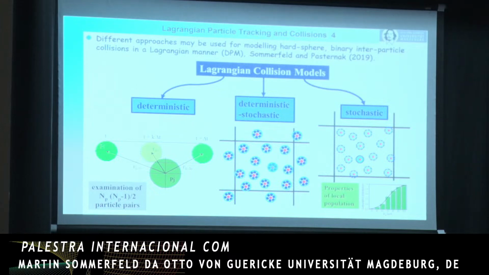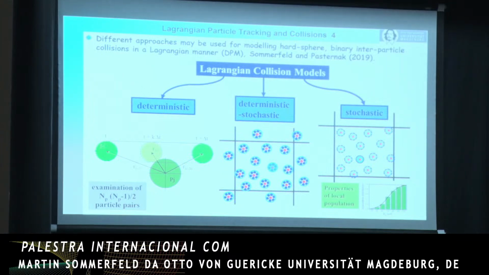Then we calculate the collision probability. If a collision takes place, we collide and rebound. The fictitious particle is not of interest, but we have to be careful when you have coalescence or breakup. Then, of course, you have to fulfill the mass balance. If the fictitious particle is added to the real particle, you have to change something.